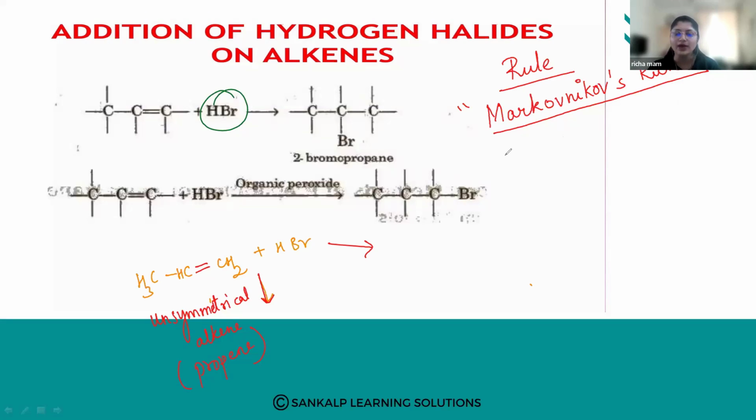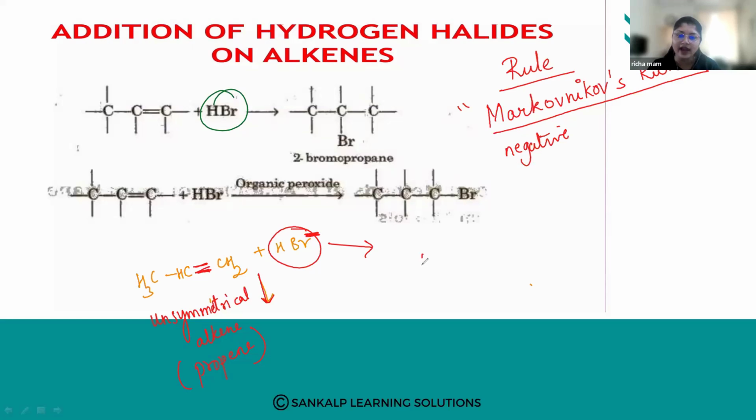Markovnikov's rule states that when a hydrogen halide is added across the double bond of an unsymmetrical alkene, the negative part will be added to the carbon having a particular number of hydrogens. In hydrogen bromide, which is the negative part?